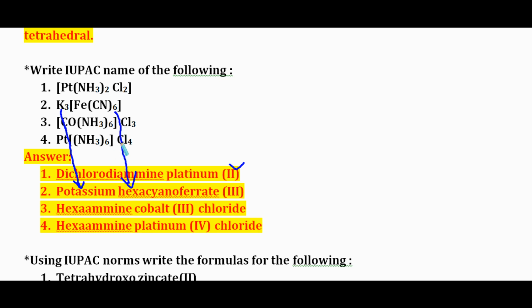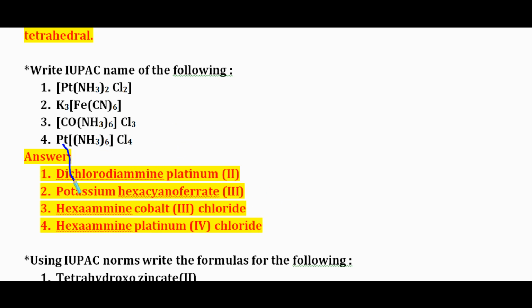Now hexa, then cyano, then ferrate. The oxidation number is 3 because CN has 1 negative charge, there are 6 CN, so -6 charge, and 3 plus charge is given by potassium, so the left charge is -3. The complex ion is -3, so ate is added in the name of ferrous, and the oxidation number is also 3.